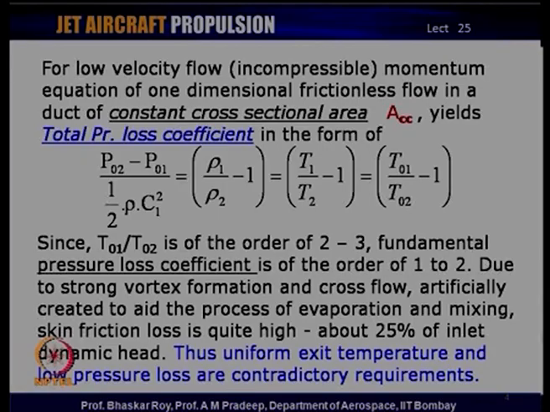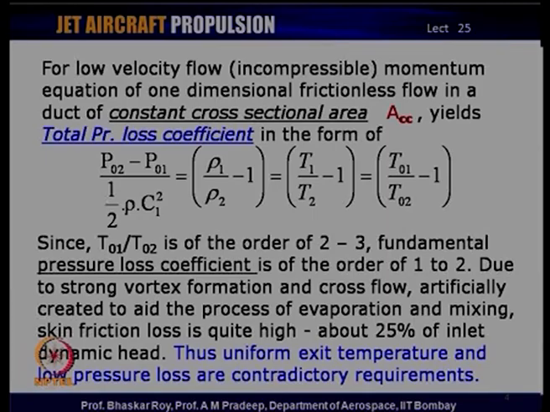Now, if we look at it some other way, due to the strong vortex formation and cross flow that is deliberately induced into the combustion chamber, as we discussed in the last class, to aid the process of combustion, these essentially entail a certain amount of pressure loss, and this pressure loss is often of the order of 25% of the inlet dynamic head.